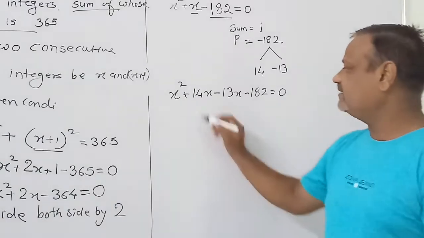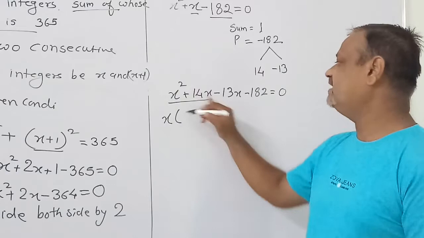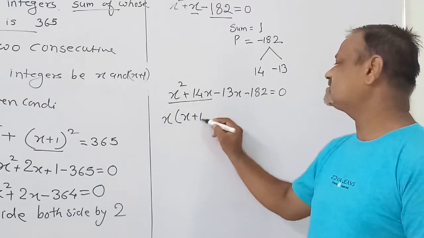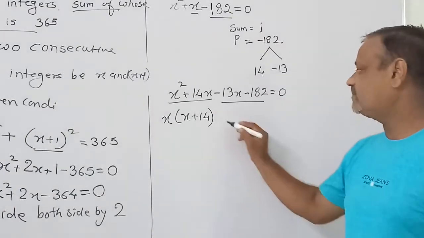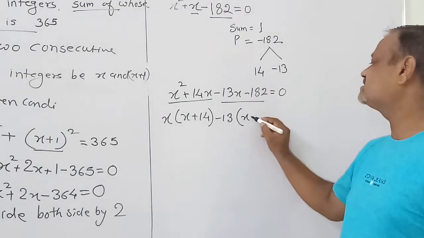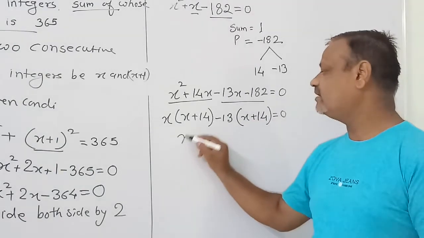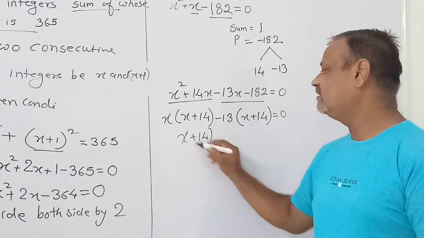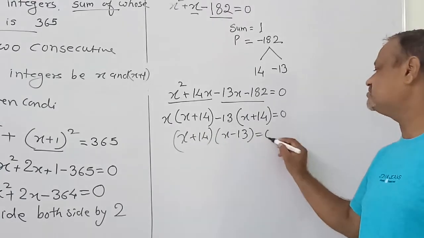Now factorize here. What do we get? x is common, so x plus 14. Here minus 13 is common. By taking minus 13 as common, we get x plus 14 equals 0. Therefore, x plus 14 into x minus 13 equals 0.